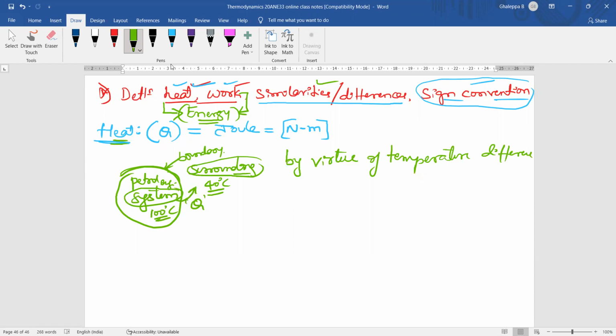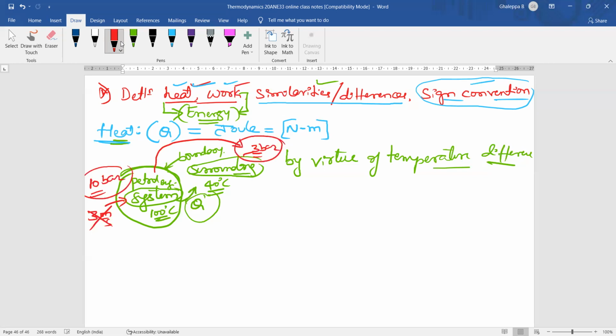Any energy transfer by virtue of temperature difference is purely called heat. For example, system pressure is 10 bar and surrounding pressure is 3 bar. If there is a difference in pressure, there may be some kind of energy transfer, because energy always transfers from high level to low level.